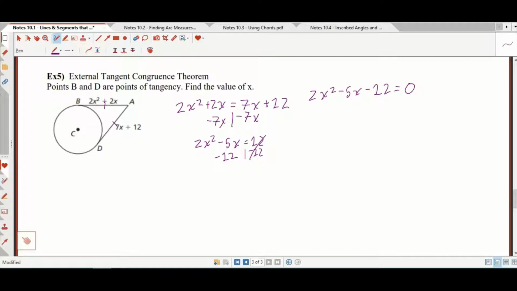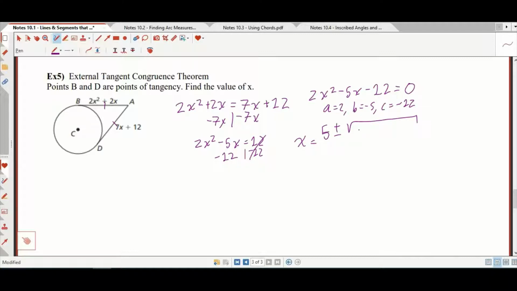Do I want to solve that with factoring? I don't. Whenever there's a leading coefficient that's not 1, I almost always, unless I can see a really easy factor, use the quadratic equation, which I'm going to do right now. So A is 2, B is negative 5, C is negative 12. Here we go. X equals opposite B, which is negative 5, so that's positive 5, plus or minus the square root of B squared.